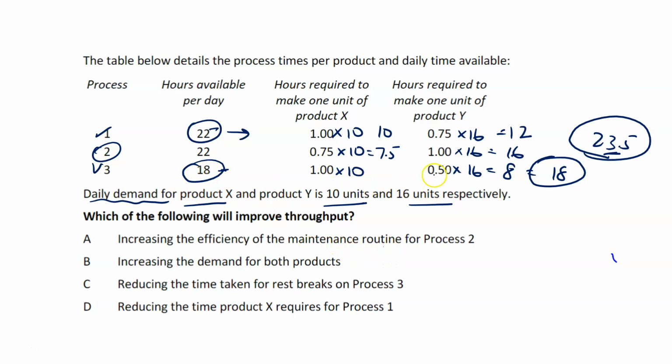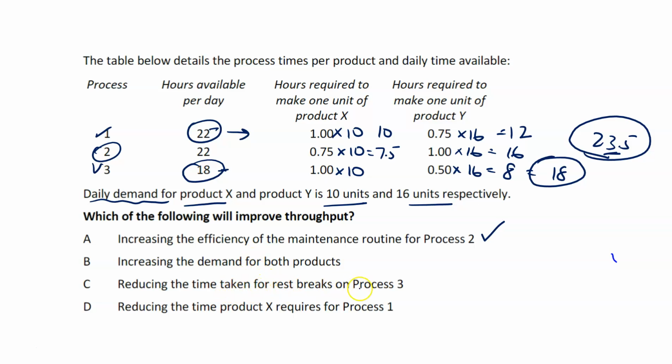If I can increase efficiency, it means I can spend less time making these products, so that will definitely help. Increasing the demand for both products, well, no, you're still restricted by the hours available, and in terms of improving throughput you don't have any more hours, so that won't help.